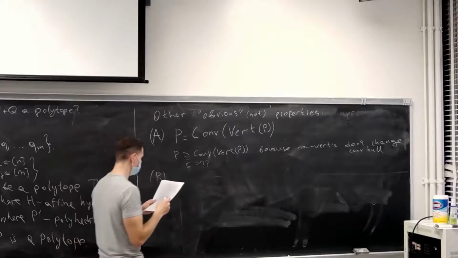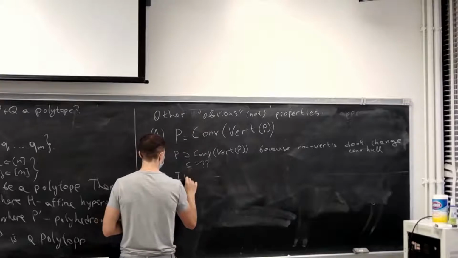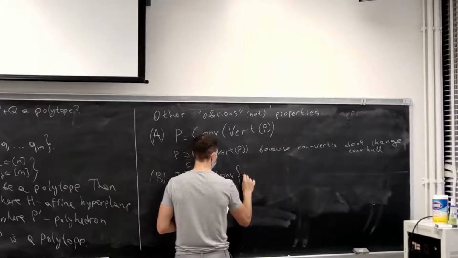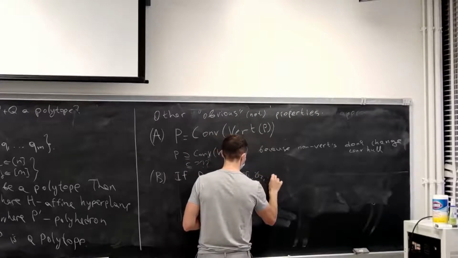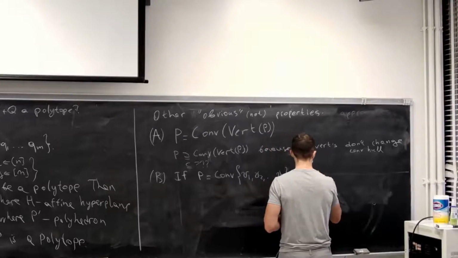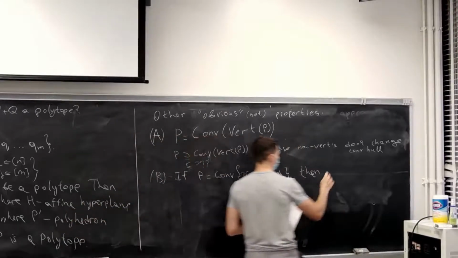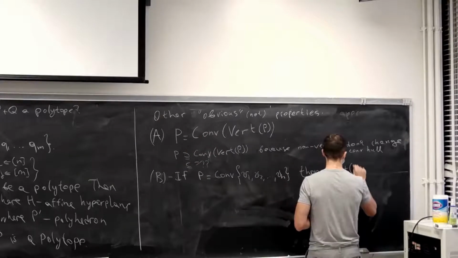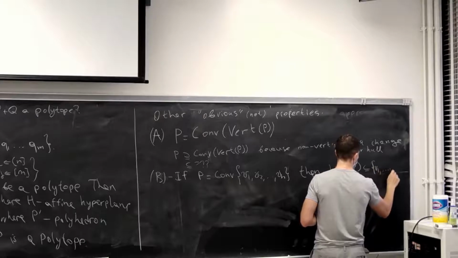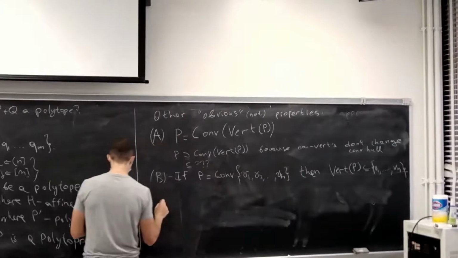Let me actually write property B. If P is the convex hull of some points V1, V2, ..., Vn, then it's actually going to be several properties B. Then the vertices of P are among V1, ..., Vn. That's one property.